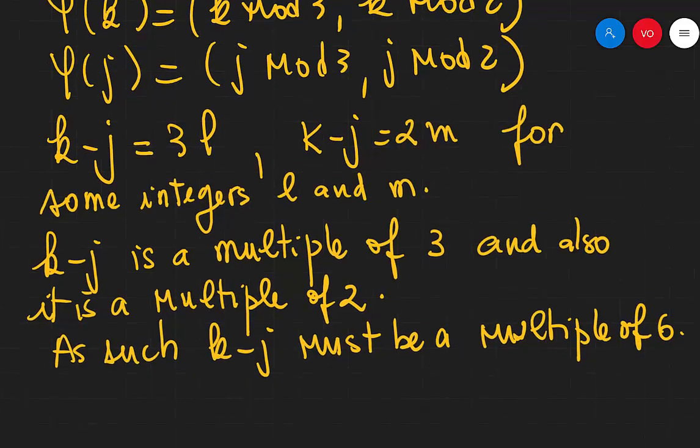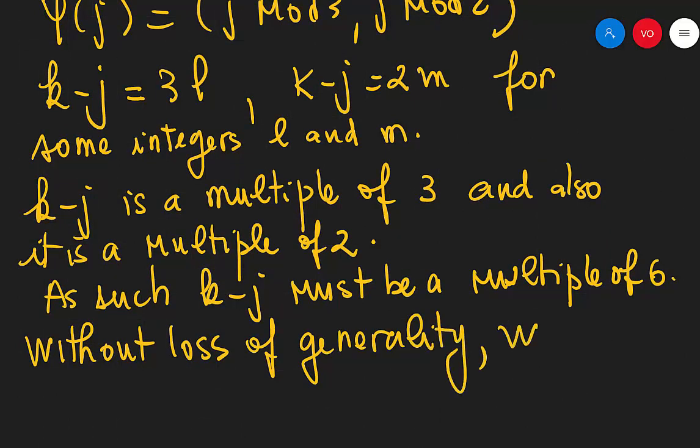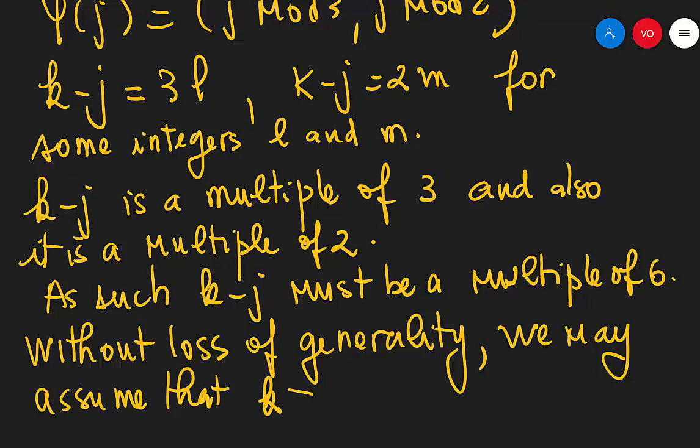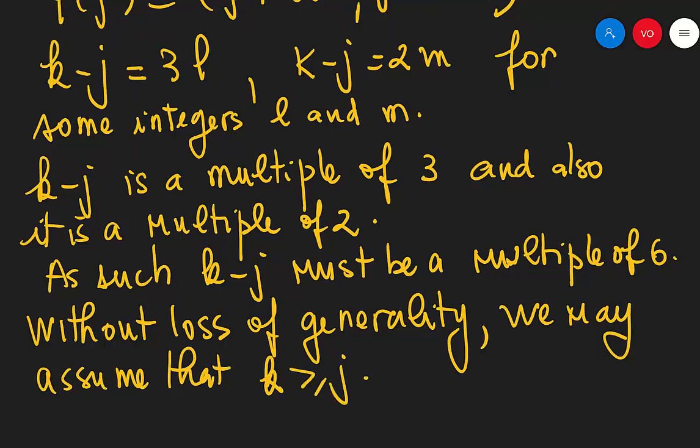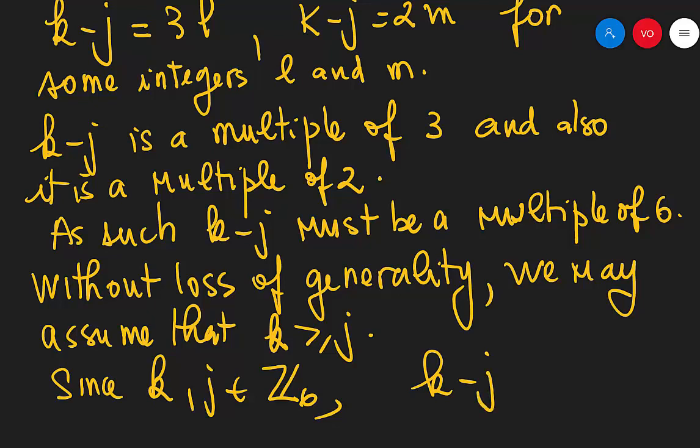Right? So without loss of generality, we may assume that k is greater or equal to j. But if k is greater or equal to j, since k and j are both in Z6, and the fact that k minus j is a multiple of 6 shows that k minus j has to be 0.